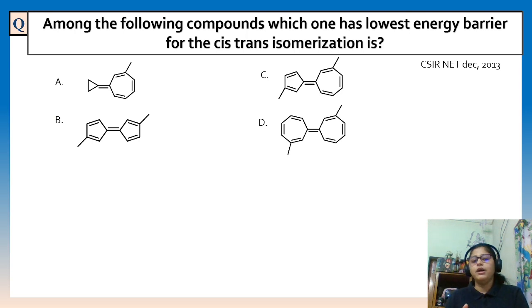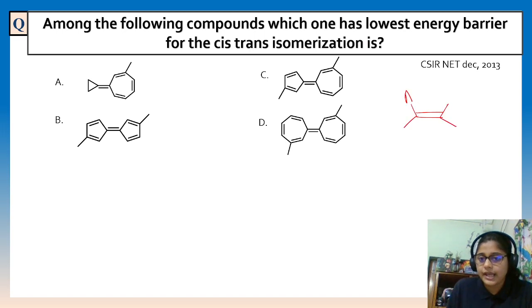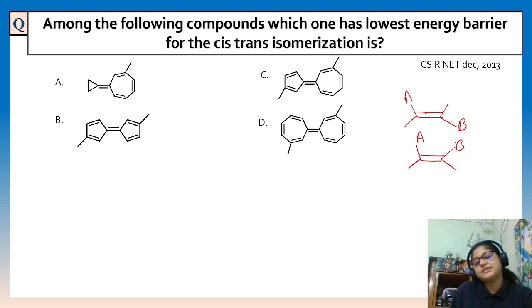Next, same type of question is there, but see what the question is asking. Among the following compounds, which one has lowest energy barrier for cis trans isomerization? We know that in double bonds, cis trans isomerization is there, where A, B, this is trans, and if it can go this way, B, it can become cis.